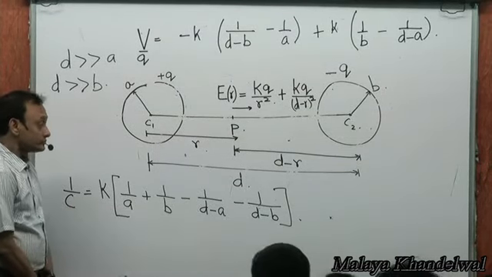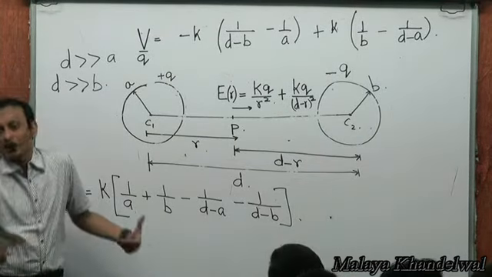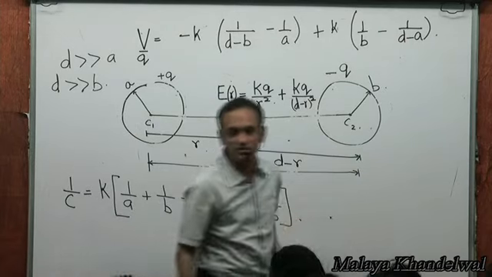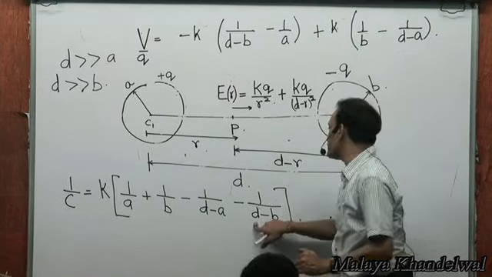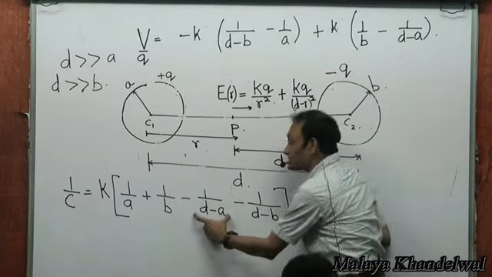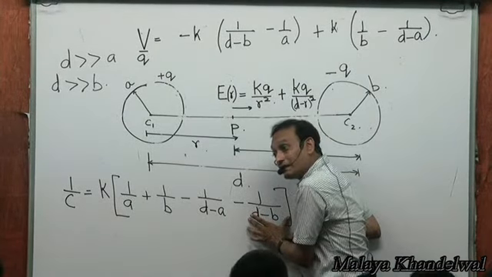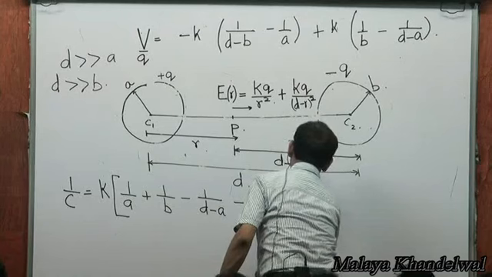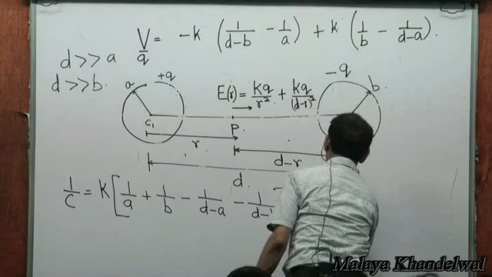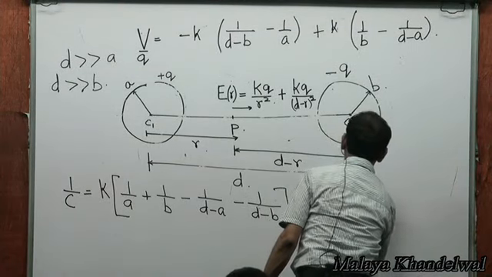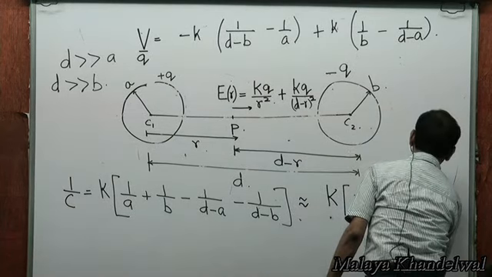Now, if D is much larger compared to A, and till this point I have not used any approximation, I have done the actual calculations, right? But if D is much larger compared to A and if D is much larger compared to B, then d minus A could be looked upon as d, d minus B could be looked upon as d, right? So this will turn out to be k into 1 by A plus 1 by B minus 2 by d.